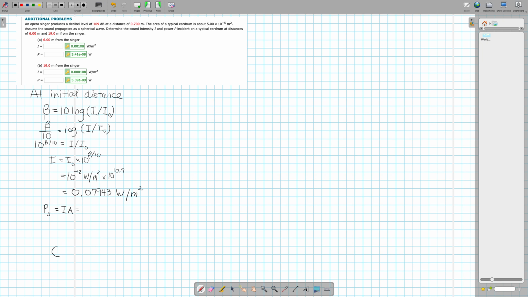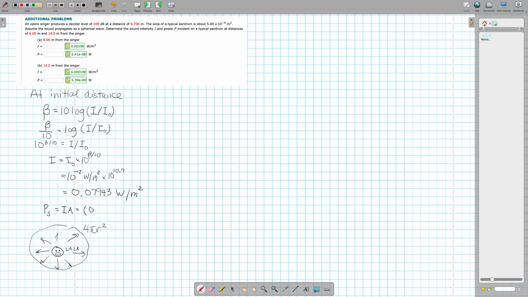So if this is the singer and they're singing, and that singing is going out in all directions, the power of their singing is spread out over the surface of a sphere of surface area 4 pi r squared.